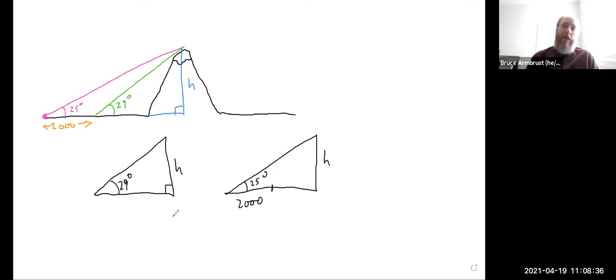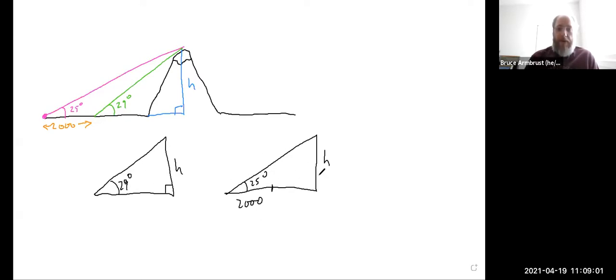Do we have enough information right now? Think about this triangle right here. If I wanted to calculate h, do I have enough information to do it? No, we need another length, right? Okay, correct. We would need another length of some kind. Unfortunately, we don't have enough information to do that here.